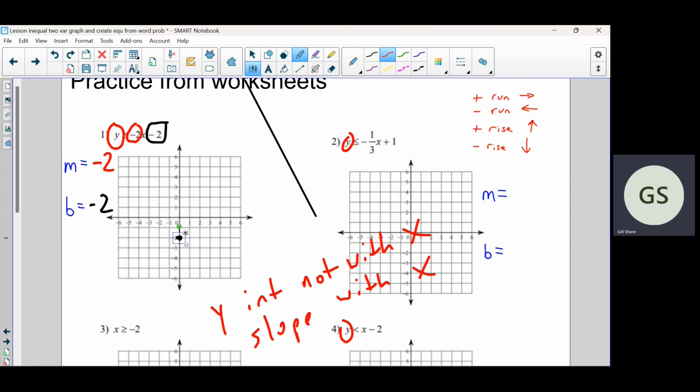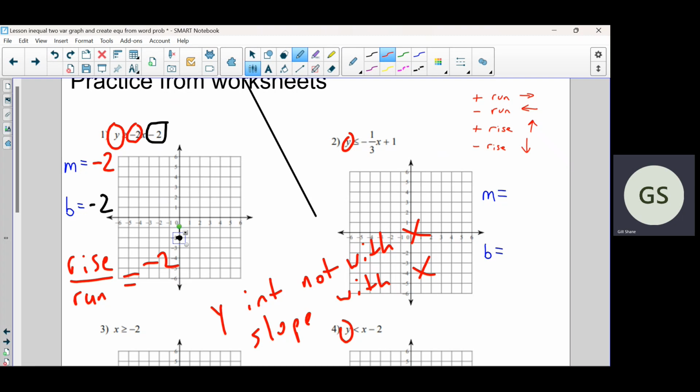It's the red -2. I also know the formula for slope is rise over run. I can use that information to find the next point on the line.